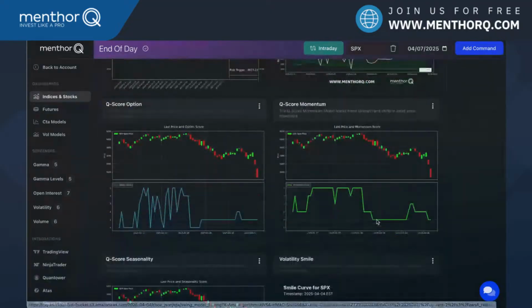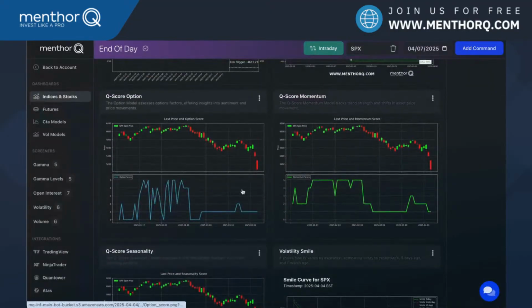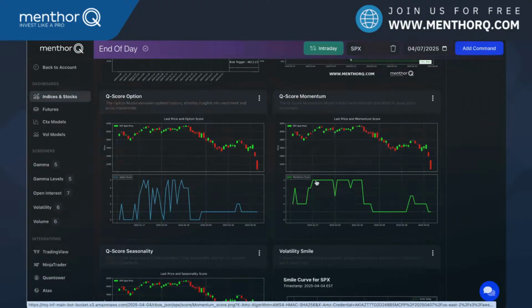But what's also very, very interesting, which we shared, is if we look at the Q score, take a look at how both the option and the momentum score were able to show this potential drop. When the option score dropped from 5, a few weeks ago, to 0, this is when we started seeing this sell-off right here.